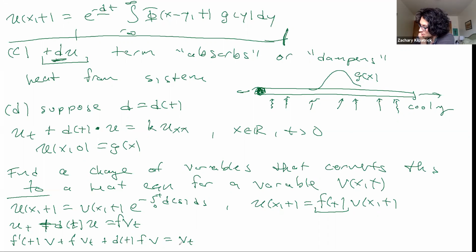Okay. So what happens here is that if you cancel these terms out, just like you do when deriving the integrating factor in ordinary differential equations, you get f prime of t times v plus d of t f v is equal to 0.